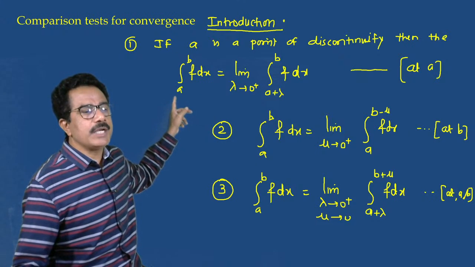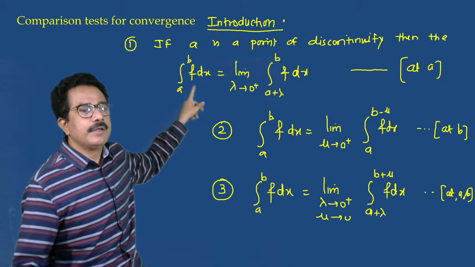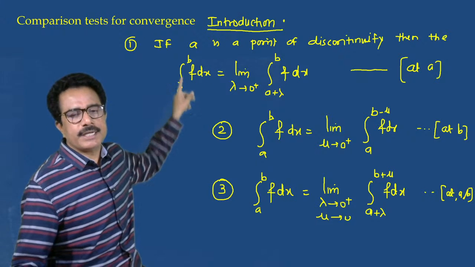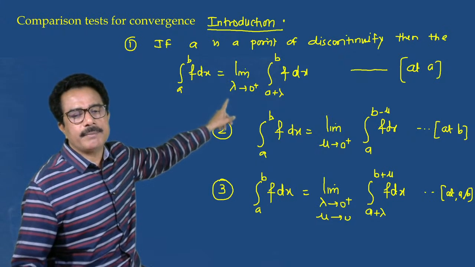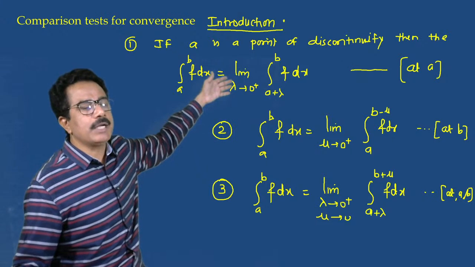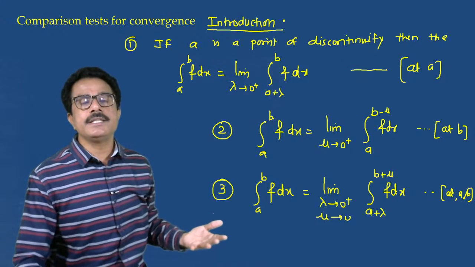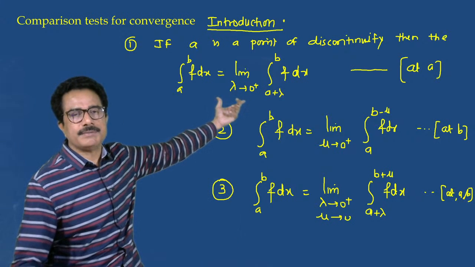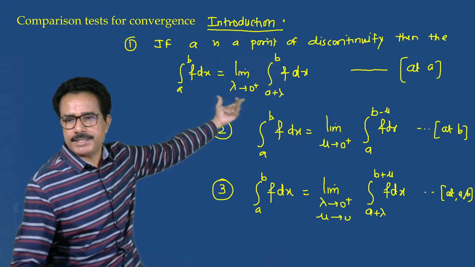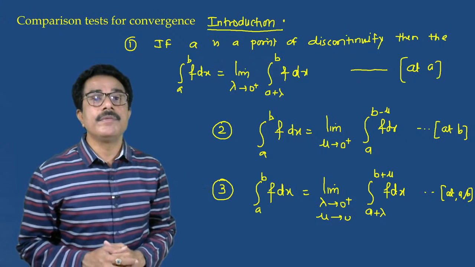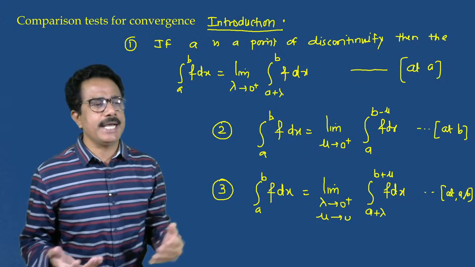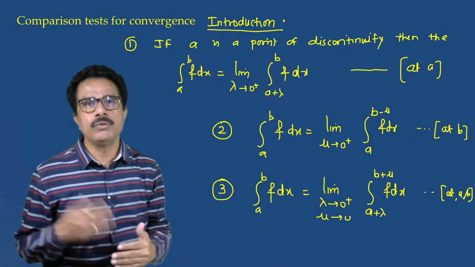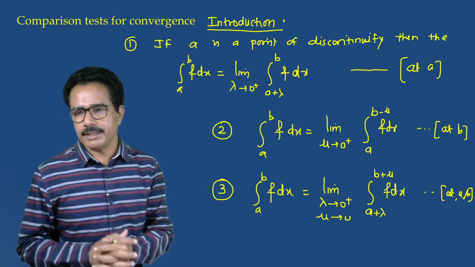If in the integral from a to b, a is a point of discontinuity, then we can write this integral from a to b f dx equals limit lambda tends to 0 positive of the integral from a plus lambda to b f dx, where f is discontinuous at a, and if this limit exists, then we can say that the given improper integral is convergent.